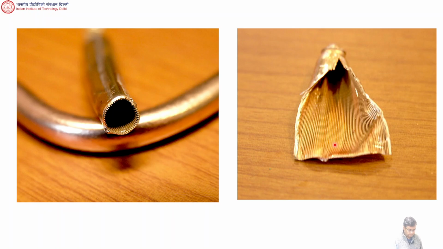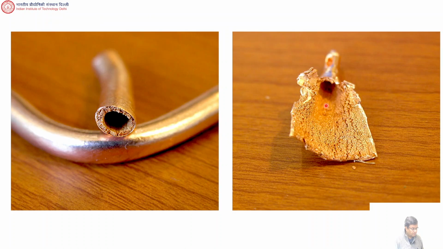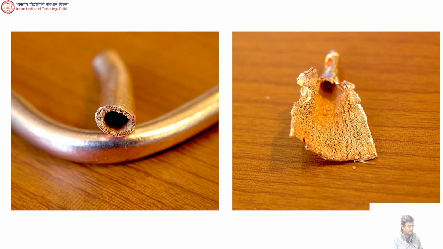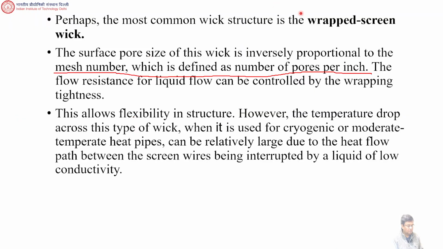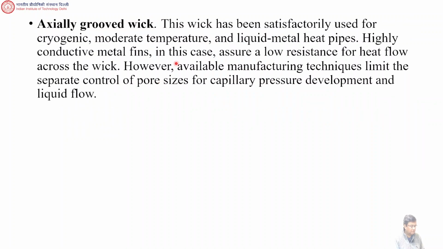And this one, sorry, is called a wrapped screen wick. Then there is also sintered porous metal. Then there are grooved wicks, things like that.